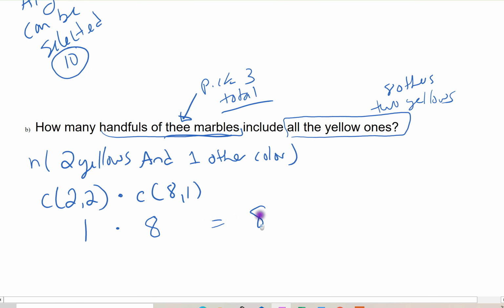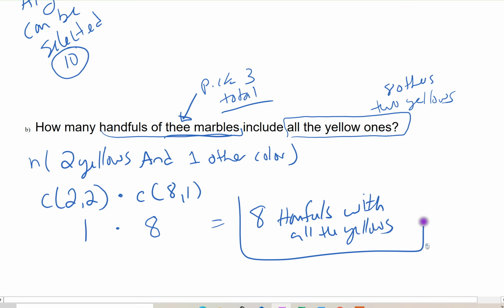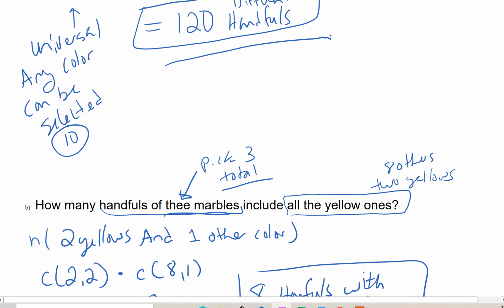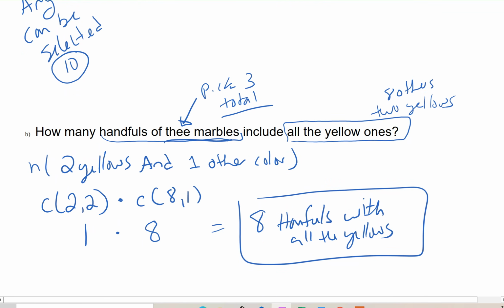So 1 times 8, meaning there are 8 handfuls with all the yellows. All meaning 2. So out of my 120 handfuls total, 8 of them contain both yellow marbles. Sorry, 8 of the 120.